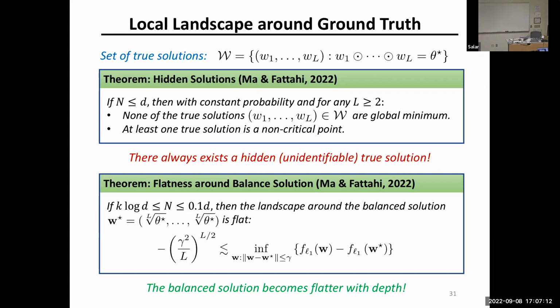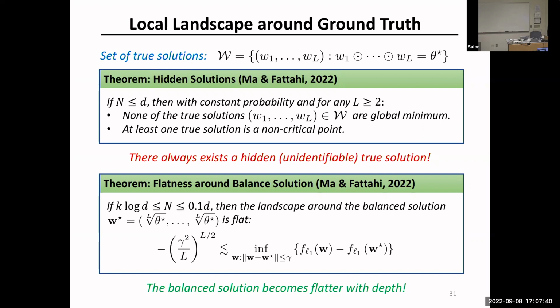Yeah. So considering the solution you find is like the Lth root. Now I'm assuming the true solution has to be non-negative here, right? The one assumption I didn't mention, I tried to hide it, was that we assume that theta star is non-negative. If it's not non-negative, then you have this ambiguity about the sign.